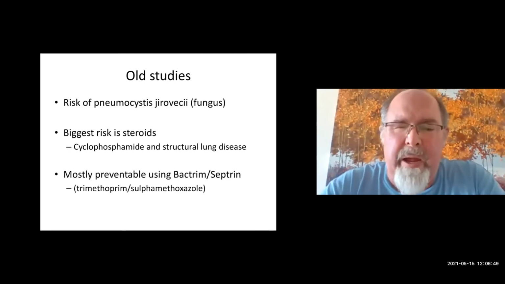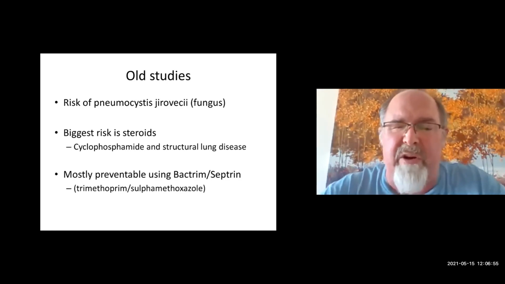But unfortunately, medically, I think the takeaway message was that cyclophosphamide was bad, when in fact the greatest risk for that disease was steroids. And we now know that in vasculitis and in other conditions where you receive more than 3 months of prednisolone or equivalents at 20 to 25 milligrams and above, that's a risk for getting this particular infection.